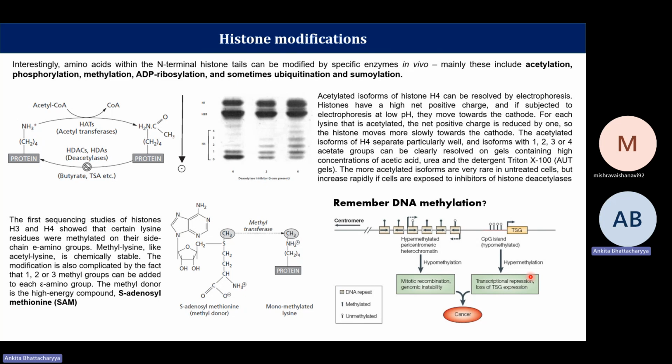Let's just look at this image. Here you're looking at DNA, which is completely linear. What we are referring to methylation here is for histone, which is bound to DNA. So this is packaged DNA, and within that packaged DNA, the histone's tail is undergoing modification.